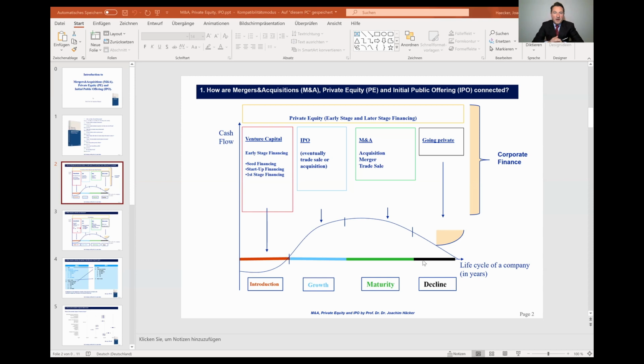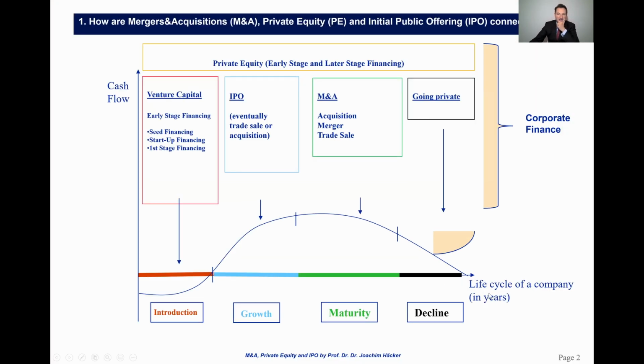So let's get started. Question number 1, how are mergers and acquisitions, private equity, and initial public offering connected based on a corporate finance perspective? Well, if we analyze the life cycle of a company, we come up with 4 phases, the so-called introduction, growth, maturity, and the decline.